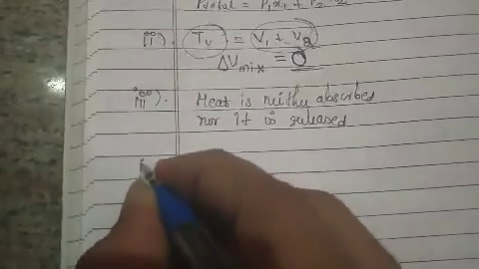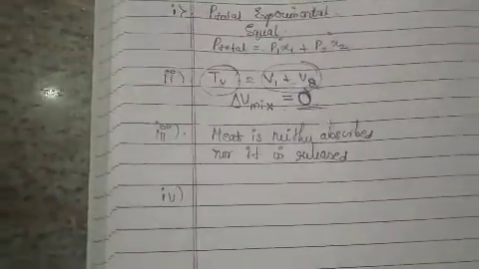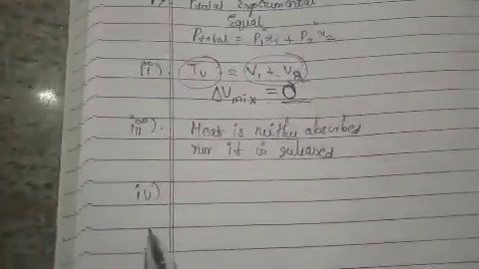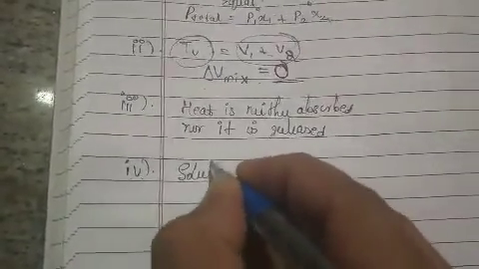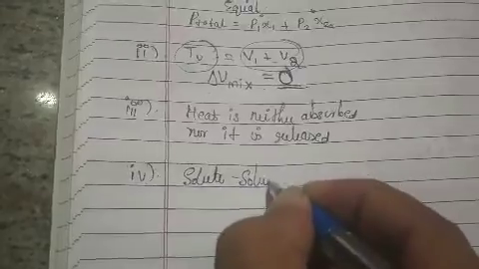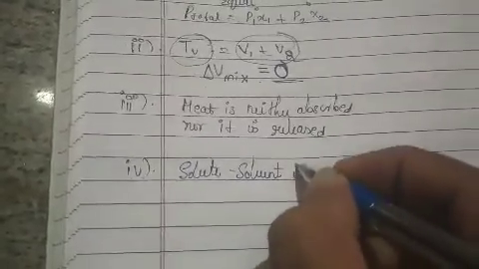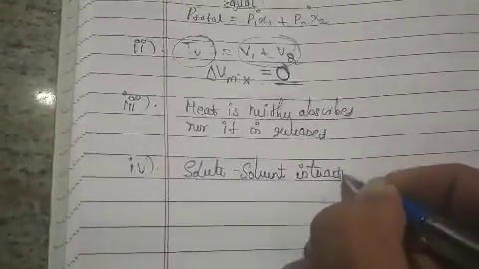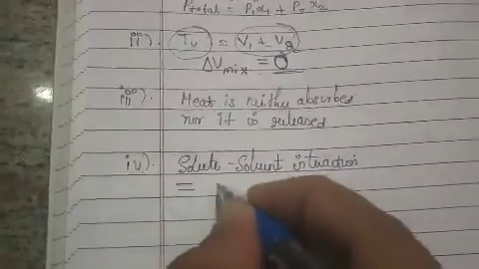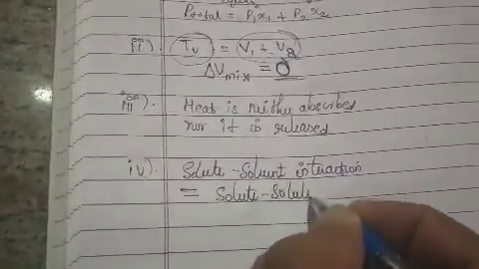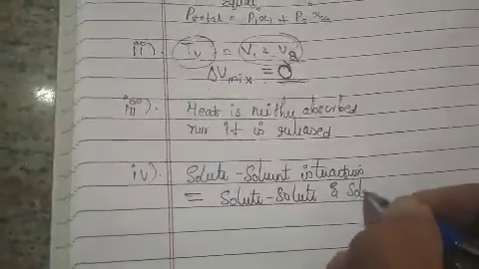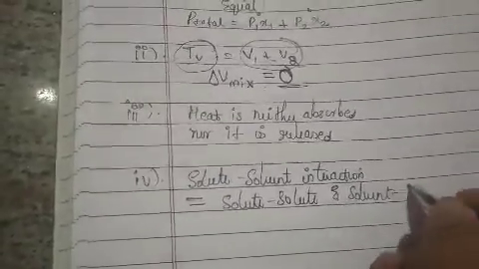The fourth most important point, because the next concept we are going to see mainly depends upon this point, is that the solute-solvent interaction is equal to the solute-solute interaction and the solvent-solvent interaction.